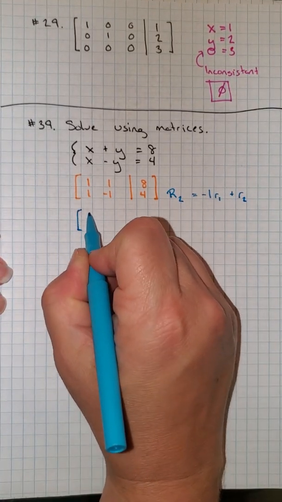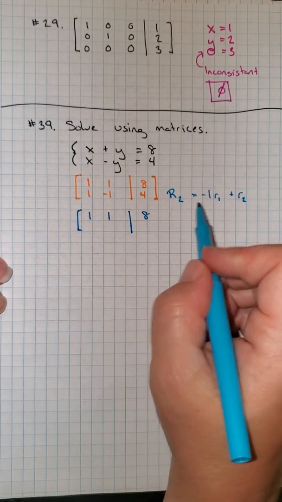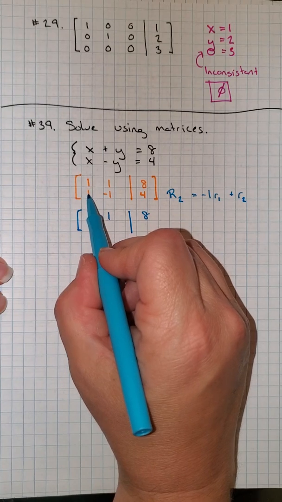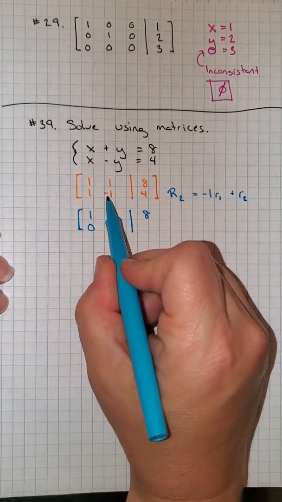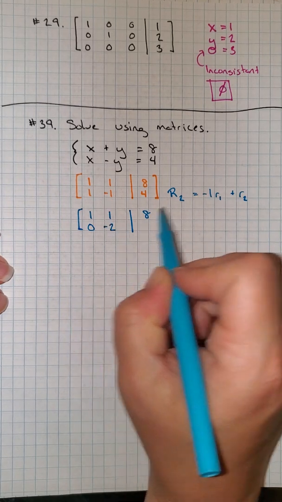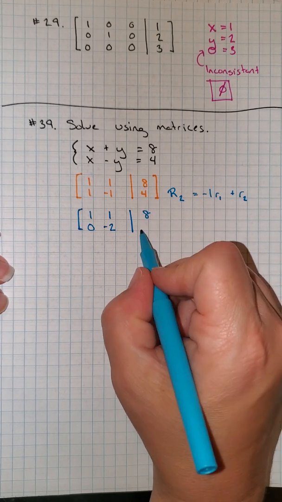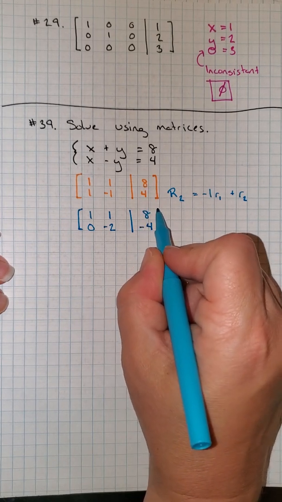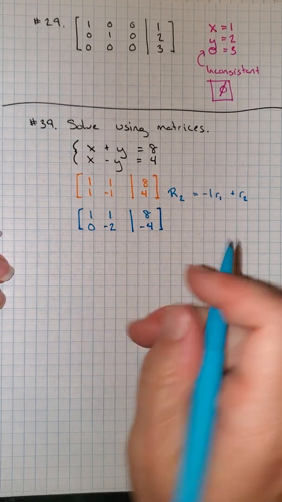So first row is staying the same, 1, 1, and 8. So you have -1 times 1 plus 1 is 0. -1 plus -1 will be -2. And you have to do the constants as well. -8 plus 4 is -4. Even here you can see -2y equals -4.